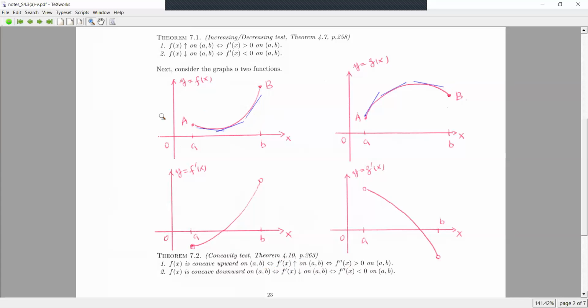So the original curve, the graph of f, must be concave up, because the slope is increasing. So the reverse is also true. Second derivative greater than 0, first derivative increasing, and the original f is concave up.